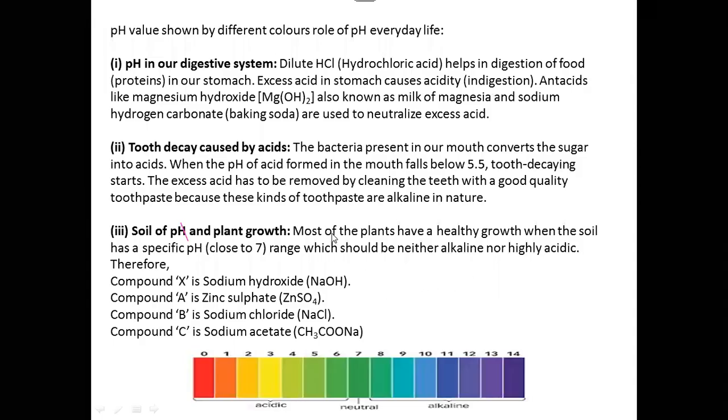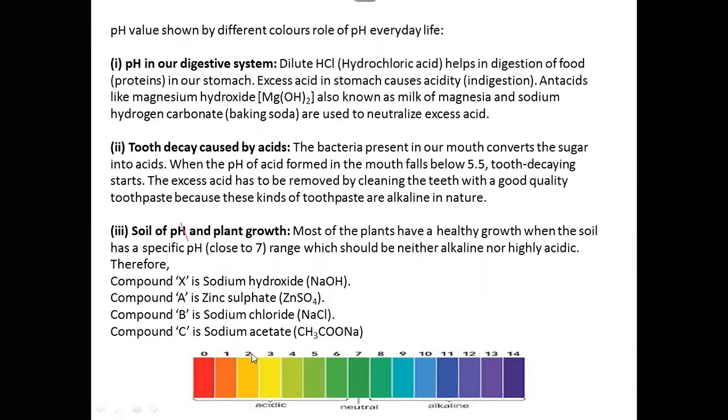Then the pH value is shown by different colors of the pH strip. We will study examples from everyday life, but before that, we will study this pH strip. So how does the color change take place? By changing the pH of the solution. If the pH of the solution is 0, then the color is red. At pH 1, it is slightly orange.